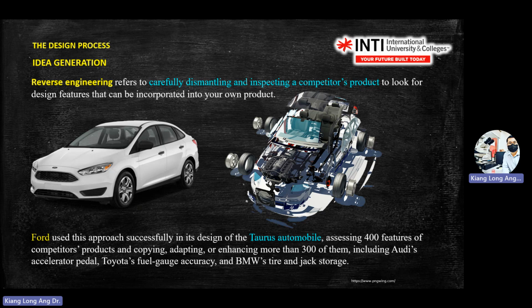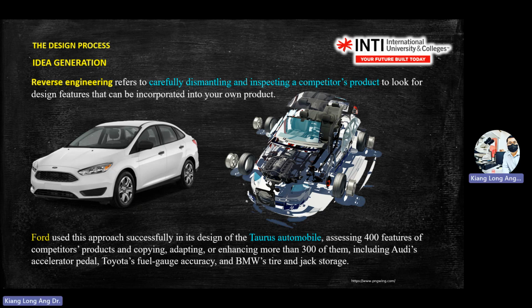Okay, this is also seen if you study how China came back from a very underdeveloped country into a very developed country nowadays. One of the strategies they used to grow their country is reverse engineering.